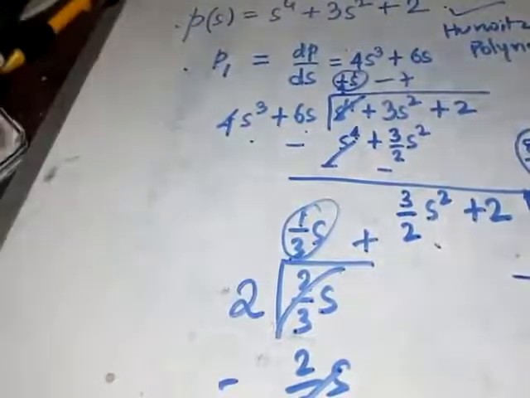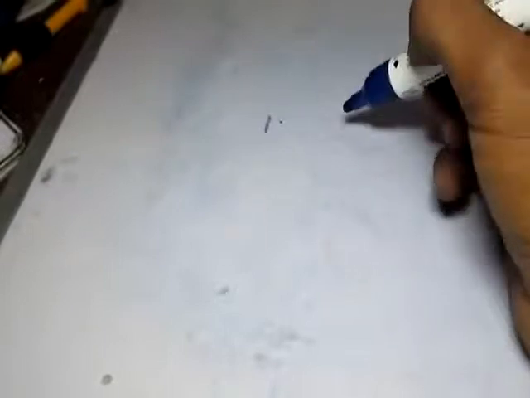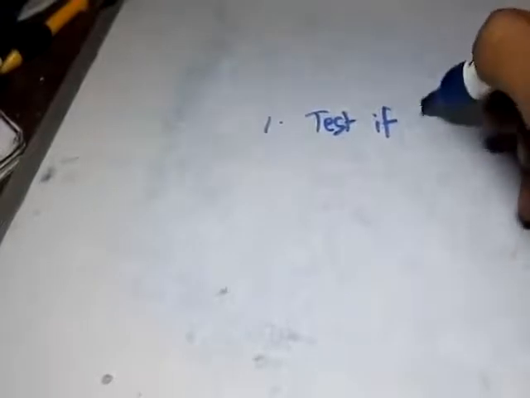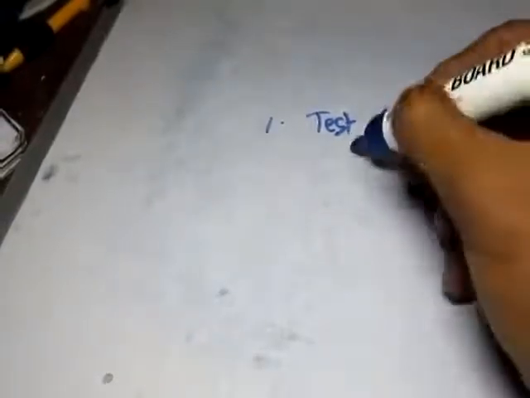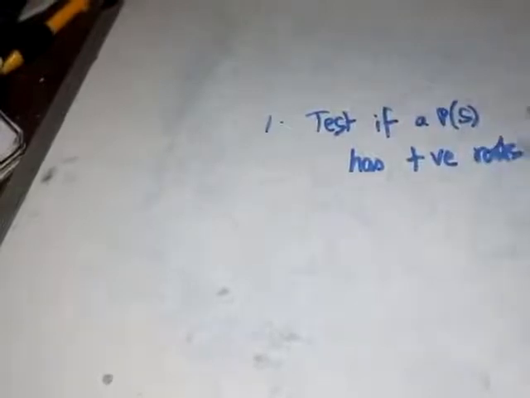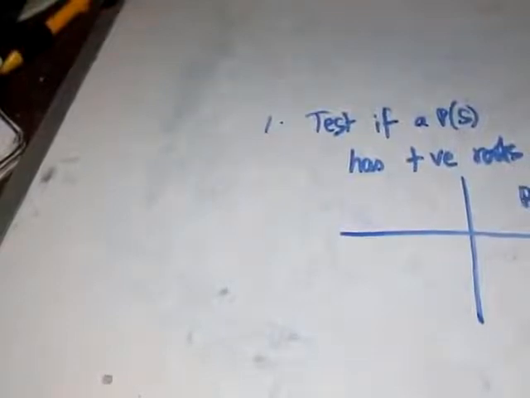That's all. And next, the uses of Hurwitz polynomial. 1. It can be used to test if a polynomial P(s) has positive roots. As we know, anything lying on the right half plane will make the system unstable.